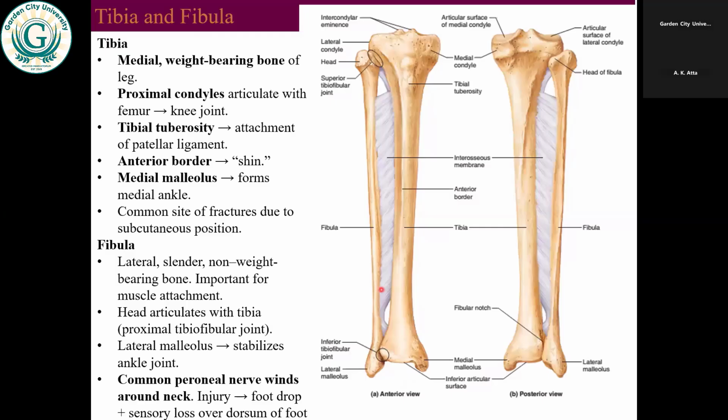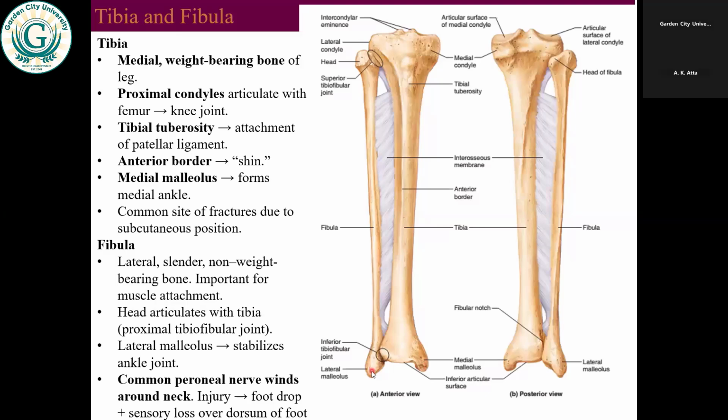So that's the main function of the tibia and the fibula. Now, the tibia on the anterior surface has the tibial tuberosity, which acts as attachment for the patellar ligament. And one important part of the bones that you need to know is the malleolus. The plural is malleoli. The tibia is medial, so it has the medial malleolus.